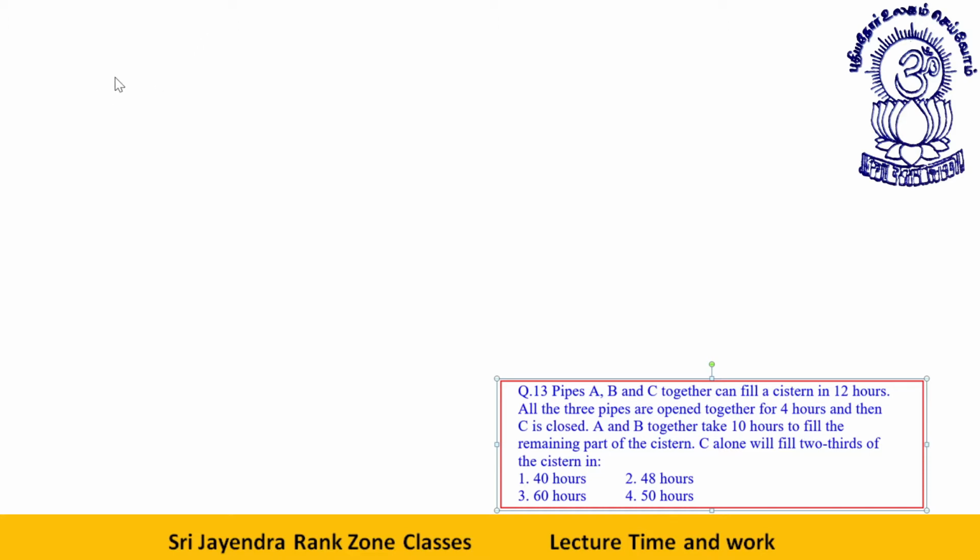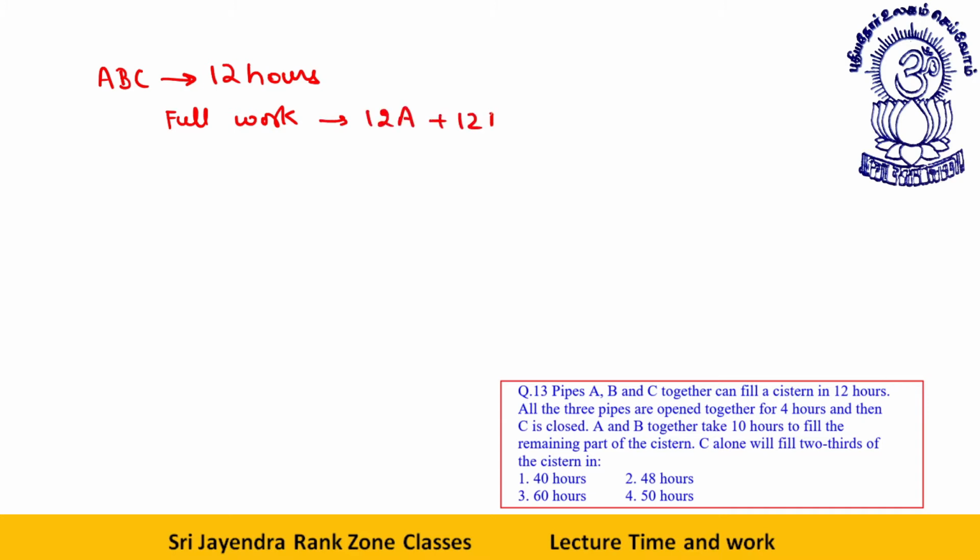See students, how to deal with it. Pipes A, B, C together take 12 hours. Or I can say full work is 12 hours of A, 12 hours of B, 12 hours of C. This is the full work.